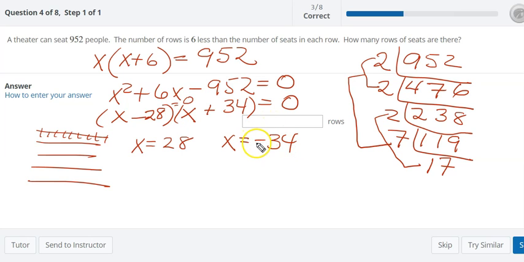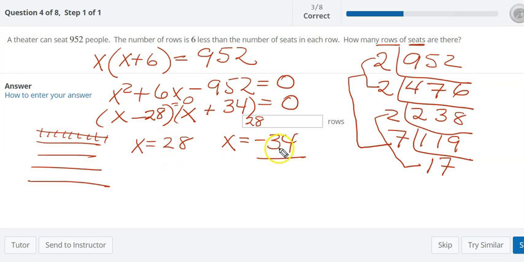Well, you can't have a negative number of rows. The answer here is 28. That's the number of rows. That's what x is. Now, if they asked how many seats there are, which they're not asking, they're asking for rows here, the number of seats would be 34.